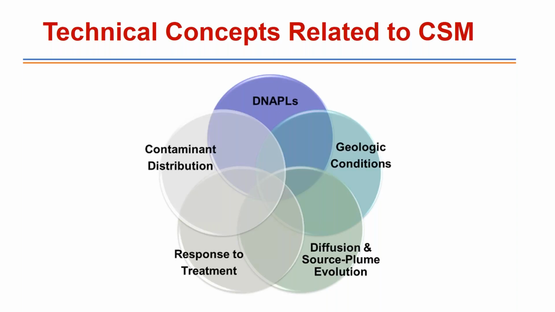And then the idea of if you have a source zone and how that connects to a down gradient plume, if there's any treatment that has been conducted or is going to be conducted, what response you might get to that treatment, and then the overall contaminant distribution.